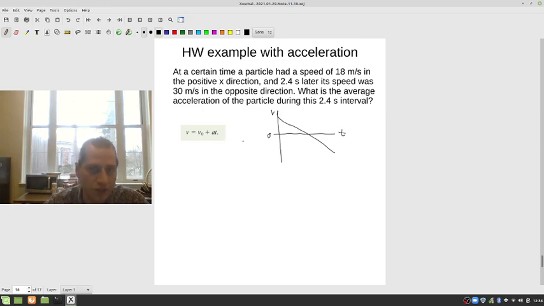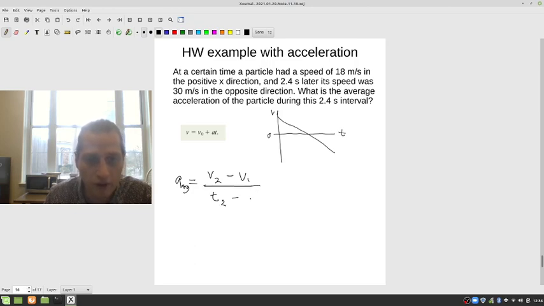What is the average acceleration of the particle during this 2.4 second interval? Okay, so the average acceleration is going to be the final velocity minus the initial velocity over the final time minus the initial time.